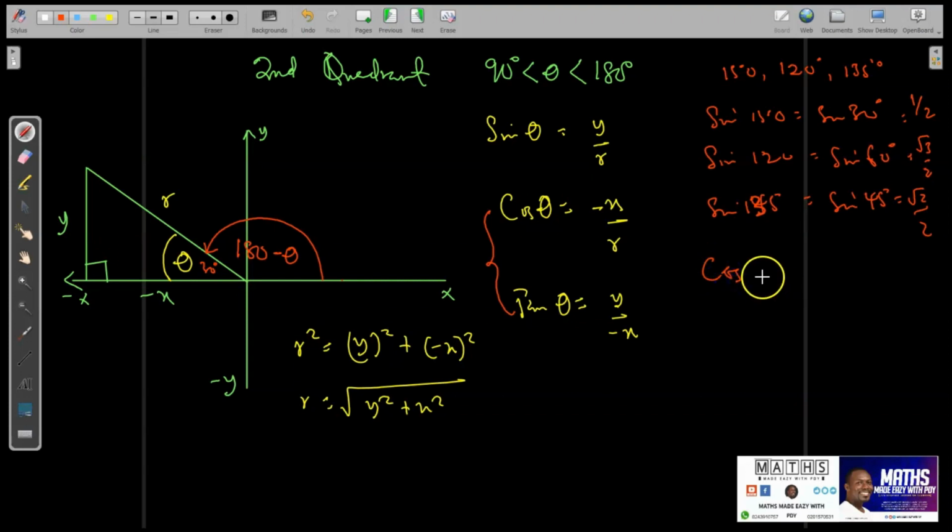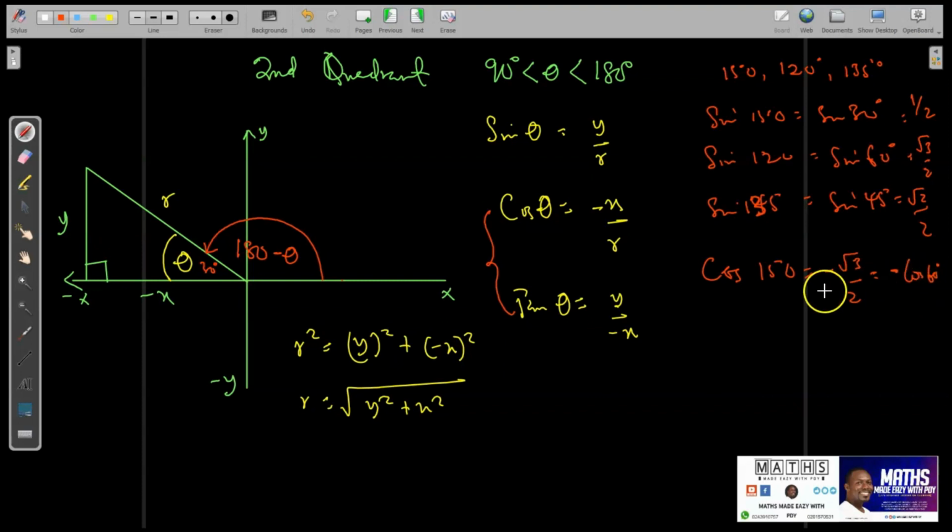Cos of 150 degrees is negative root 3 on 2. So in other words, cos of 150 degrees is the same as negative of cos of 60 degrees. Do you agree? Because cos 60 is root 3 on 2, isn't it?